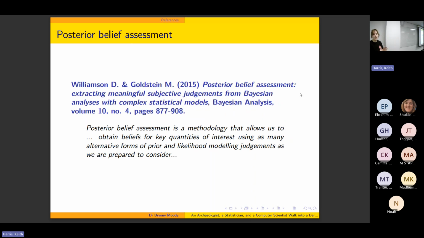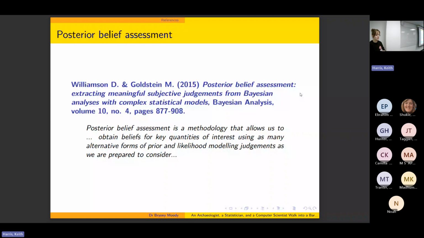And so then I had a look at posterior belief assessment. Williamson and Goldstein worked on this initially, and they claimed it was a methodology that allowed you to obtain beliefs for your key quantities of interest, but you don't obtain the posteriors themselves.